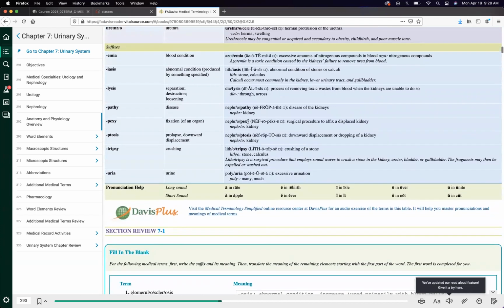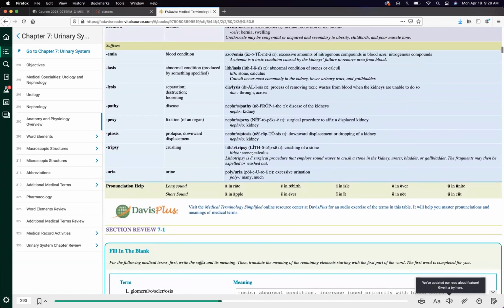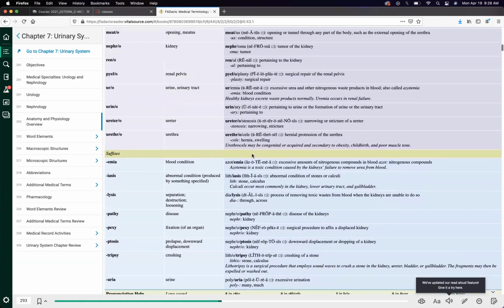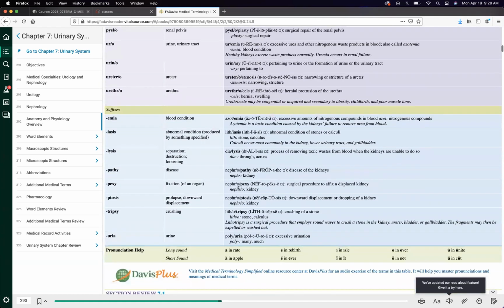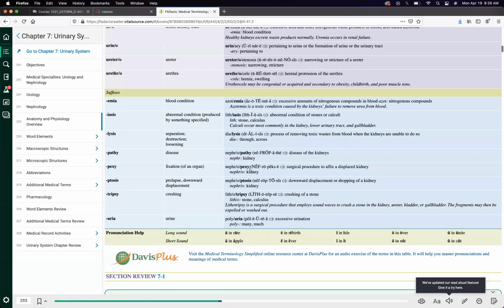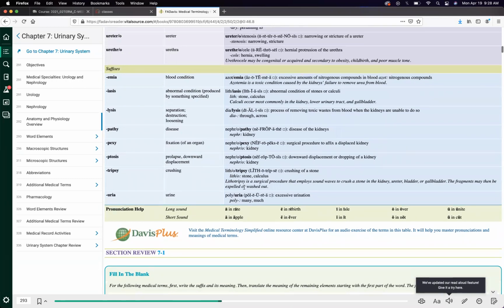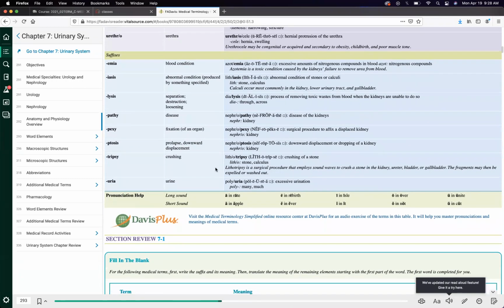So on a case study, I could state that my patient has a diagnosis of lithiasis, or calculi. Which of the following is most likely that I have to schedule my patient? And lithotripsy is your most probably correct answer.